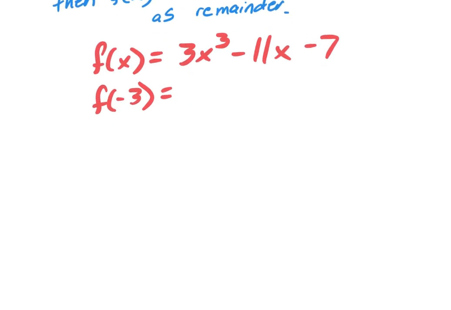How would I evaluate f of negative 3? Just plug it in. Yeah. Okay. So we're just going to go 3 times negative 3 cubed minus 11 times negative 3 minus 7. Okay, so let's put that into our calculator. Let's evaluate it.